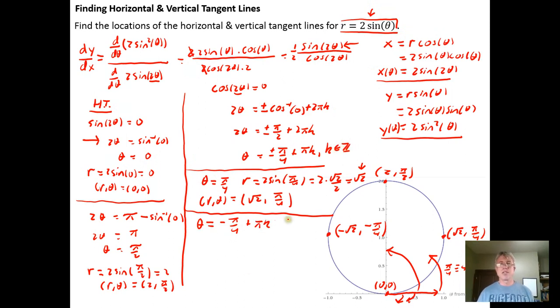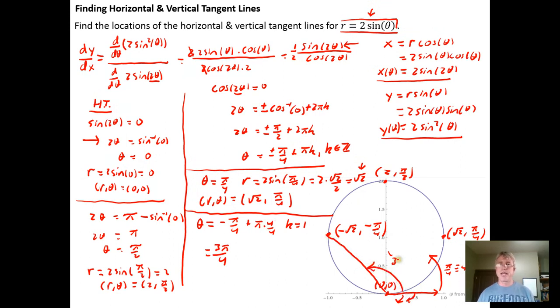So if k was equal to 1, we would get 1 times pi, get a common denominator, 4 over 4, and we add this up, we get negative pi over 4 plus 4 pi over 4, which is 3 pi over 4, exactly the angle that we want. Here's 1 pi over 4, 2 pi over 4, 3 pi over 4 running out into that position.